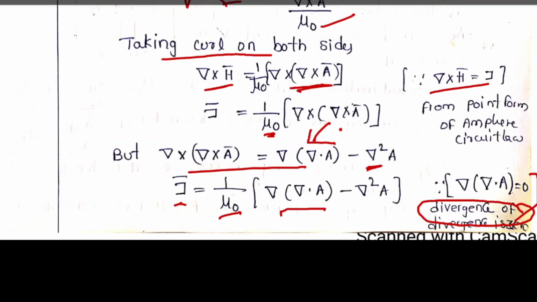Simply, we take the curl on both sides, and after that we substitute the vector identity, and del dot A equal to 0 in place of that term.